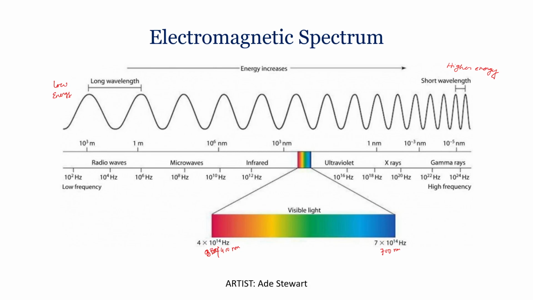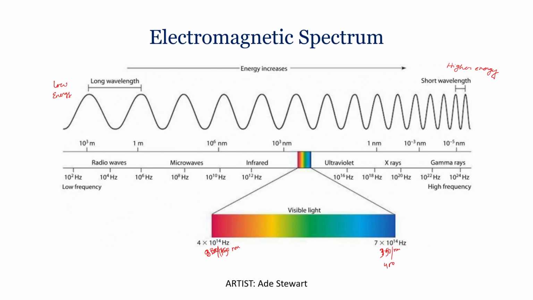As you can see, this is the red part, right? 750, and this is actually 350 to 400. And the gamma ray has the higher energy, and the radio waves have longer wavelength and less energy. So this is just to begin with. We will deal with all this kind of microwaves, infrared waves, in various kinds of spectroscopy.